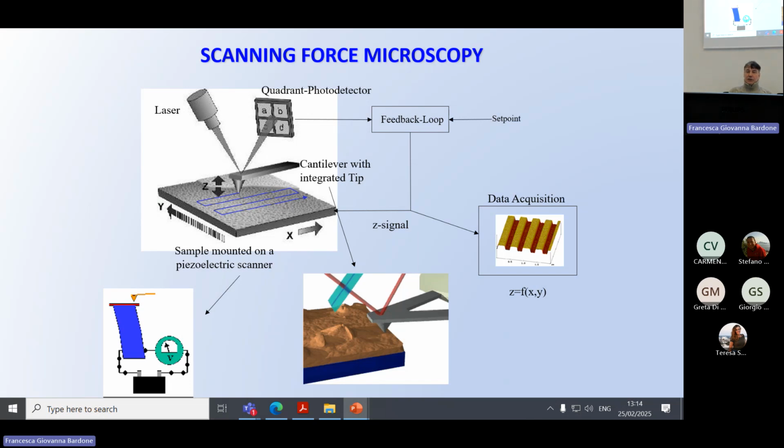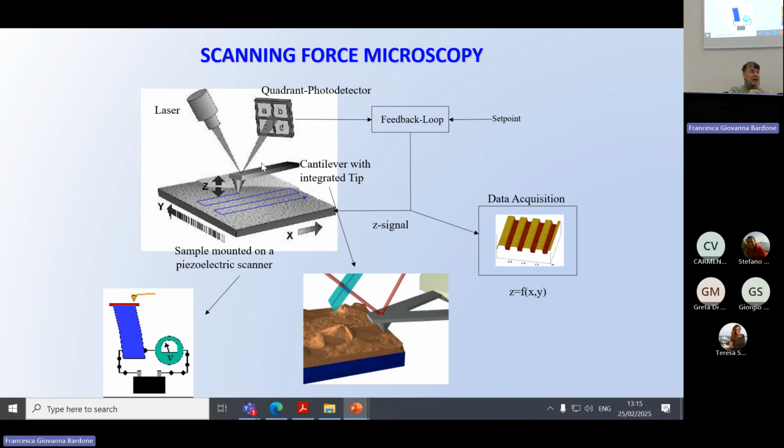Now the question is, what can that type of probe measure? What type of information can you get with this type of instrument? A lot of different types of information. First of all, I would like to show you that the probe, which faces the surface, is glued to a cantilever.